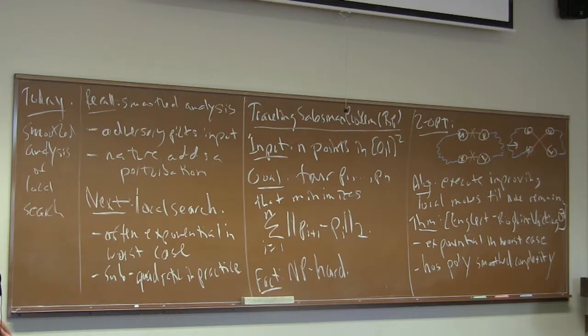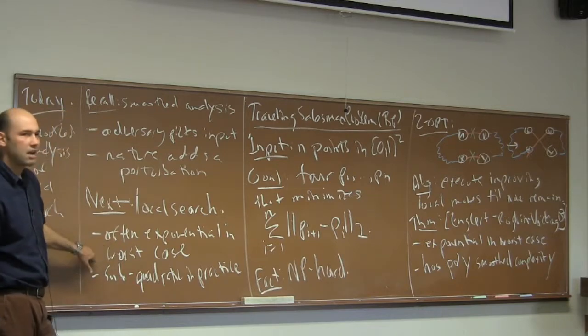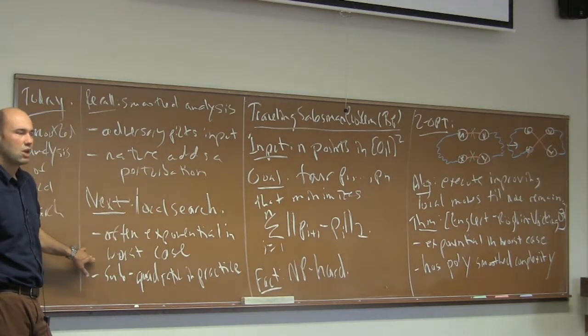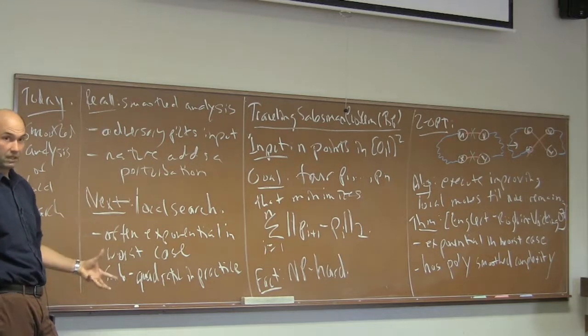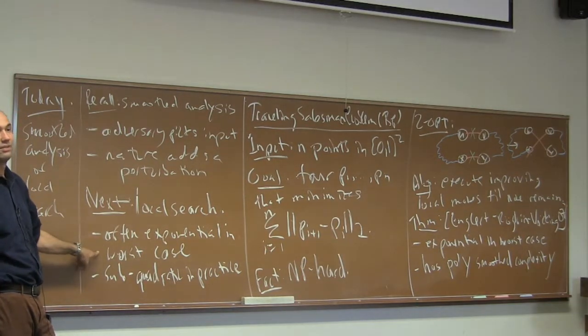Now, here's a couple reasons why, okay, so there's 2 reasons I think why it's a little less embarrassing, this gap between theory and practice. One is the gap isn't quite so ridiculous. Okay, it's still a big gap, but it's not as big as this, 2 to the n versus less than n squared gap. The second reason is that, if you talk about empirical performance of local search, when you talk about number of iterations, there'll be people who do local search for a living and go to the grave without ever seeing this happen once in their lifetime.